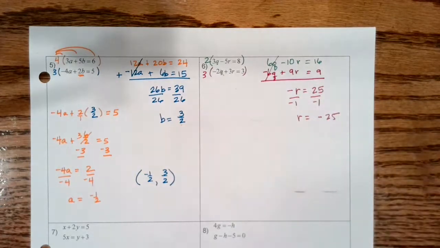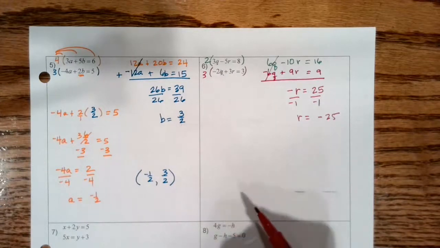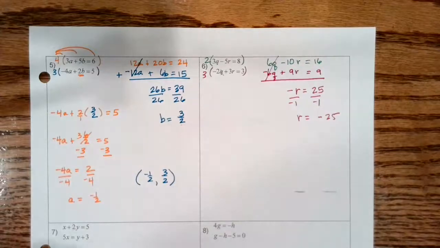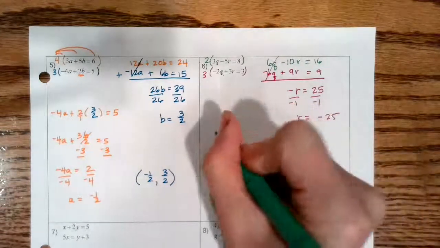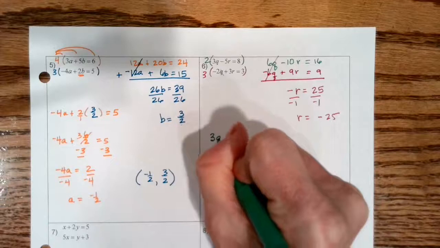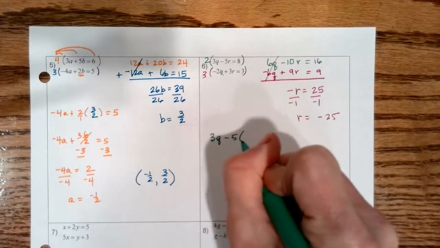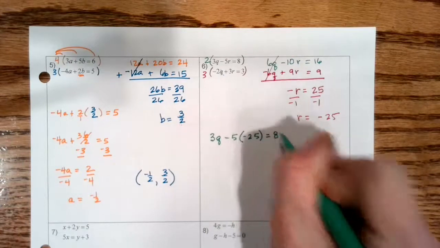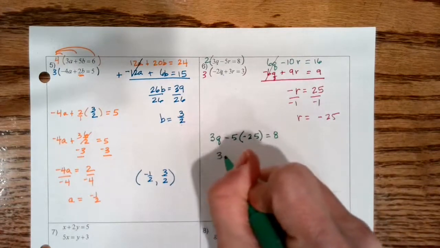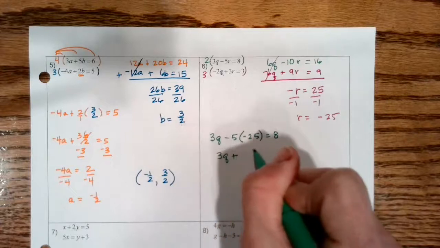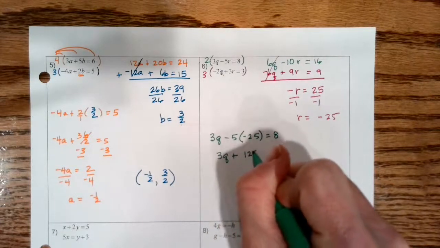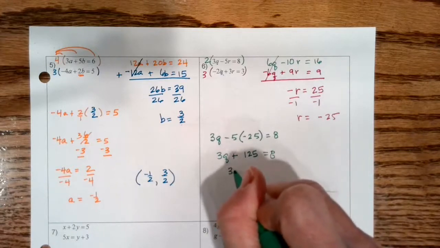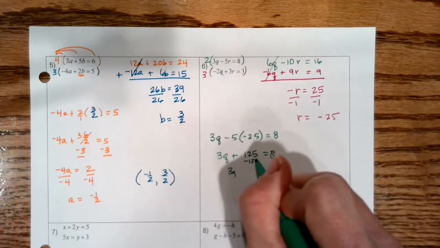You can choose either equation to go ahead and solve for. I think I'll choose my first equation. So 3 times Q minus 5 times my value for R is equal to 8. So that's 3Q plus 5 times 25 is 125. I'm going to subtract 125.